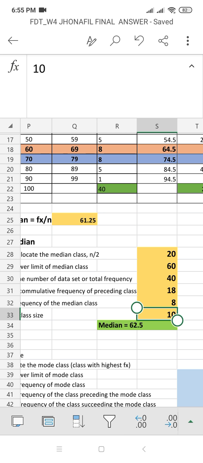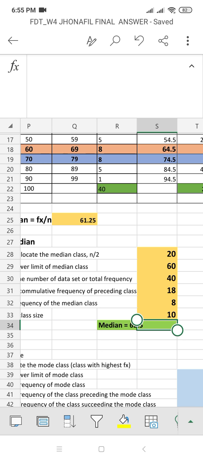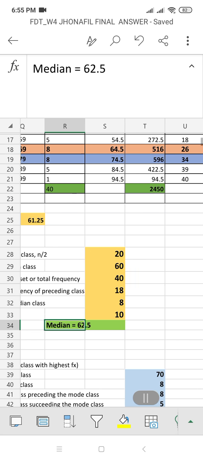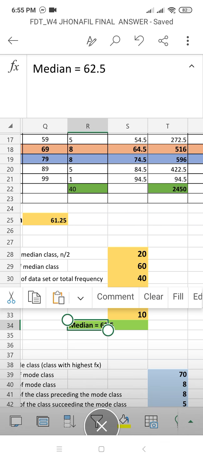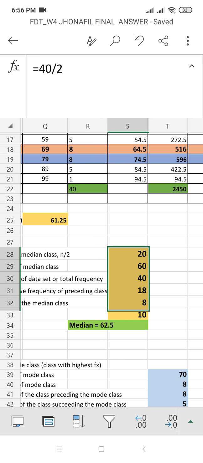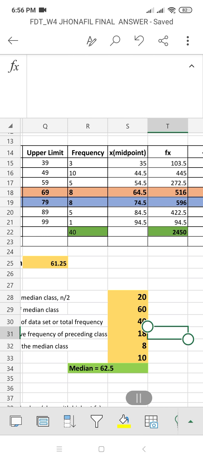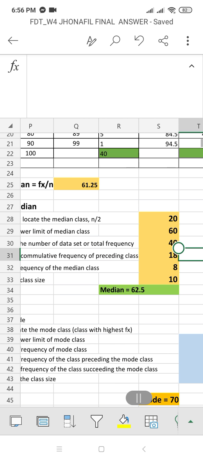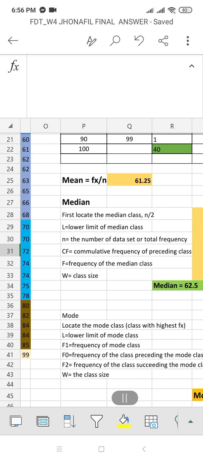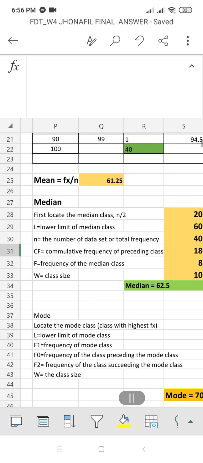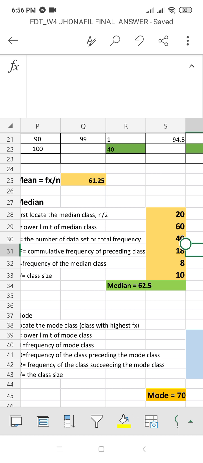It is 10. Then, the formula to get the median is L plus parenthesis of N over 2 minus CF over F, then multiply it with the class size. So the answer here is 62.5.